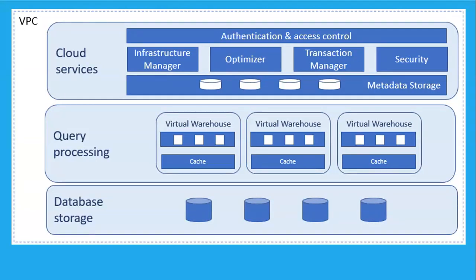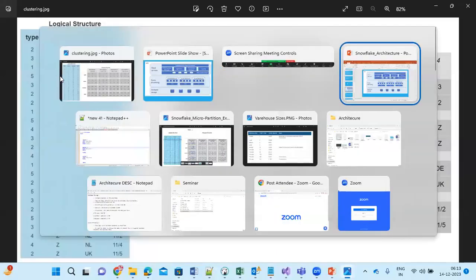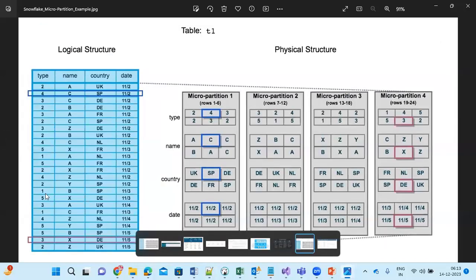So micro partitions look like this. Suppose let's consider this is the table T1. The table has the columns type, name, country, and date.